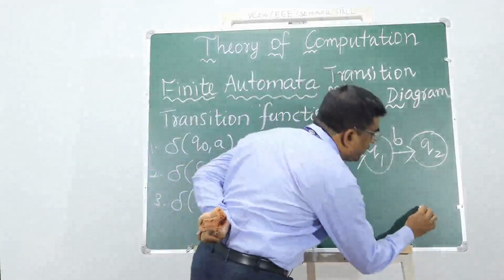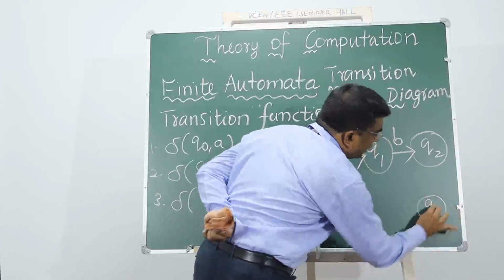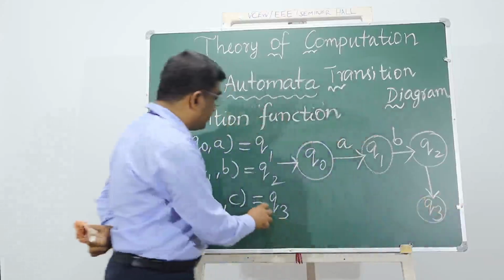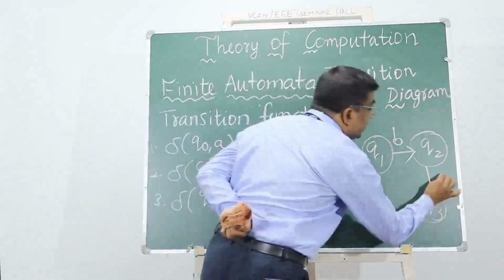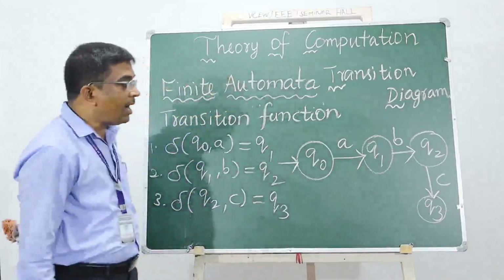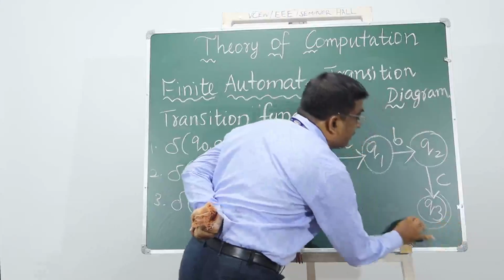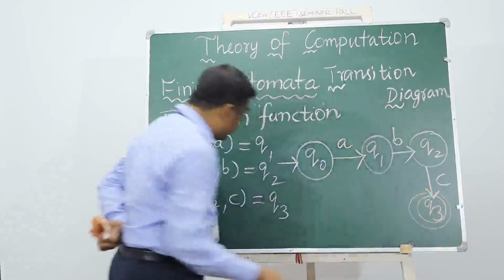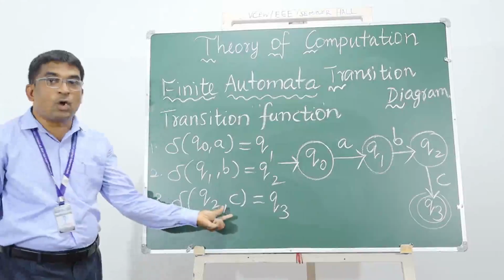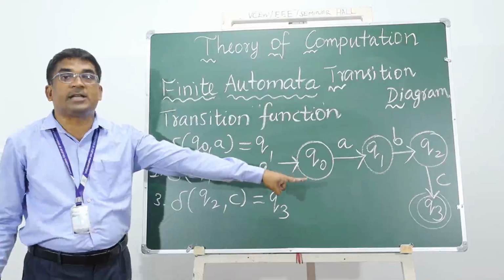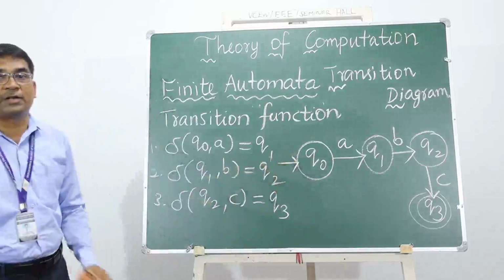So I add one more state q3, and the transition from q2 to q3 is labeled c. This q3 is marked with a double circle because there is no further transition, so q3 is the final state.